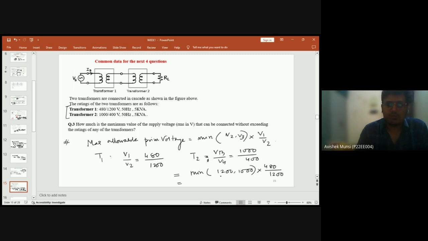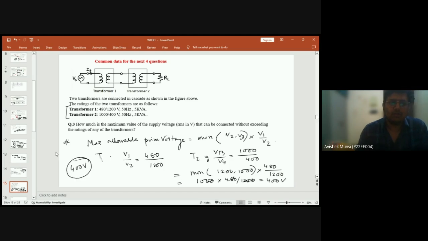So the minimum of 1200 and 1000 is 1000. To solve it, it is equal to 400, right? So the maximum value of the supply voltage is 400 volt.